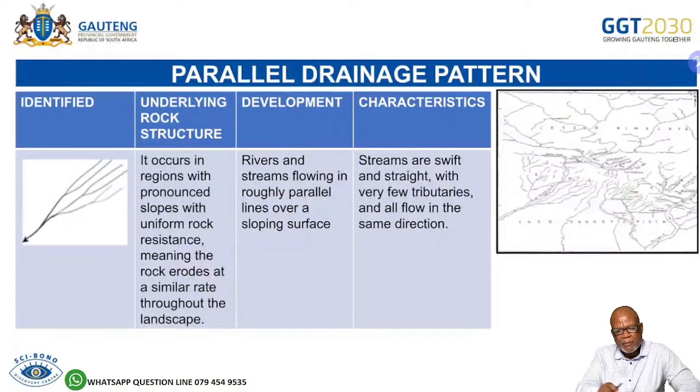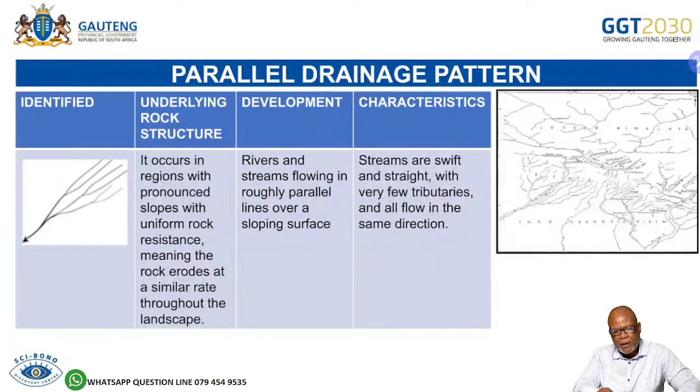Let's look at another one, a parallel pattern. The parallel pattern will look more like a dendritic pattern, but with the tributaries more parallel to each other than in a dendritic pattern.